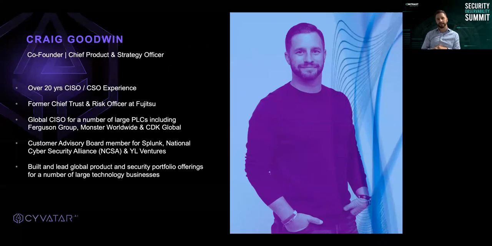Monster Worldwide out of Boston, where I built the global security function there. And just before joining Fujitsu for 4 years, I built and ran the global security function at CDK Global, which is a large automotive technology business. Lots of observability within that security program. So we'll certainly be touching on that as we move through the presentation.